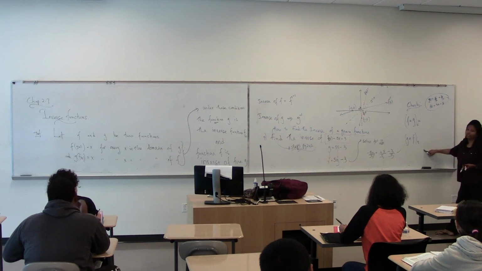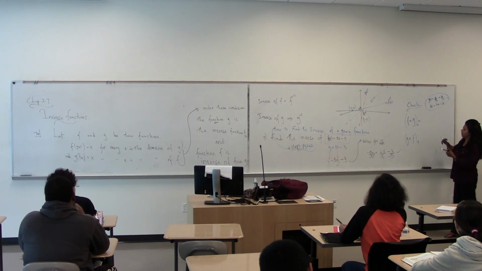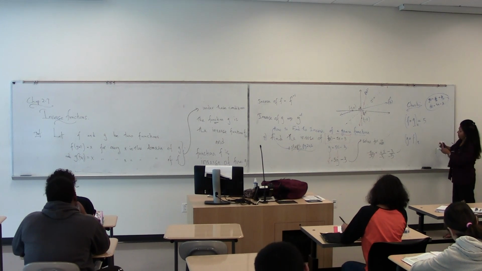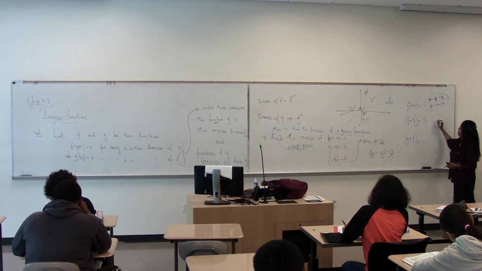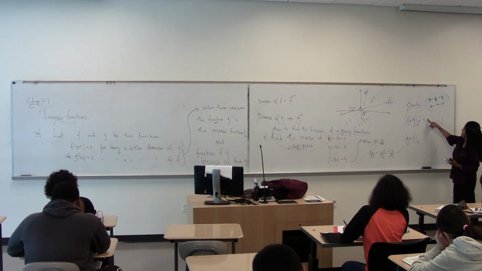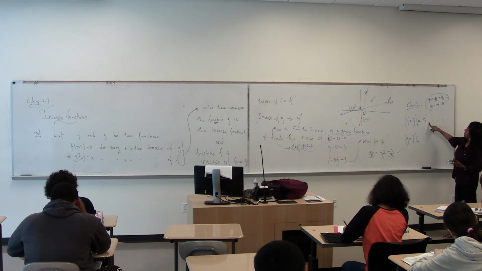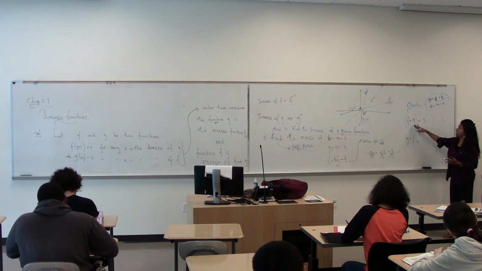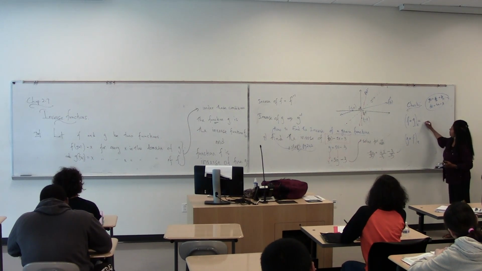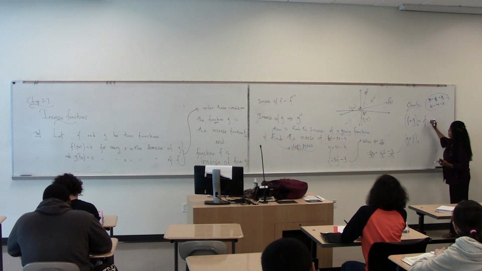I need to calculate this and this. So let's calculate this real fast. I need to work with the f function, 5 times x minus 3. Instead of x, what do I have to write here? x over 5 plus 3 over 5. Oh, I didn't write the rule here, guys. Sorry. I'm going to write f composition g of x.